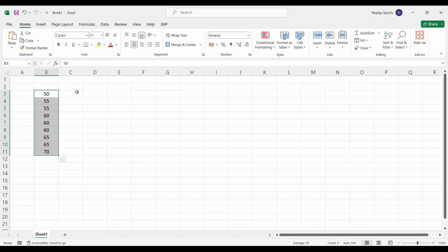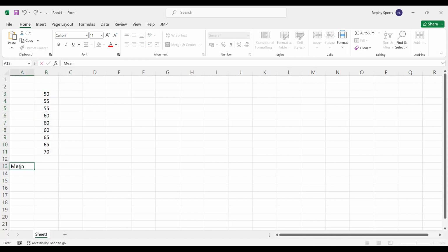But the first metric that we discussed was mean, correct? Mean is your average. So how do you calculate mean? Mean is the sum of entire data divided by the total number of data. Or you can say average.